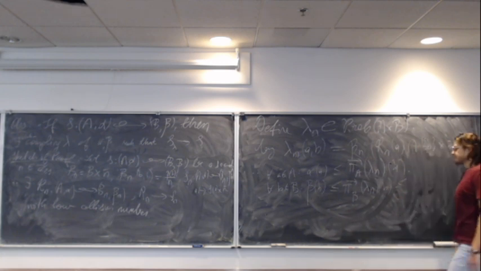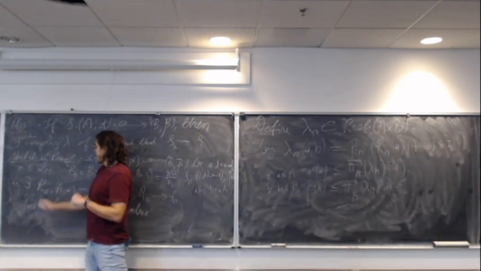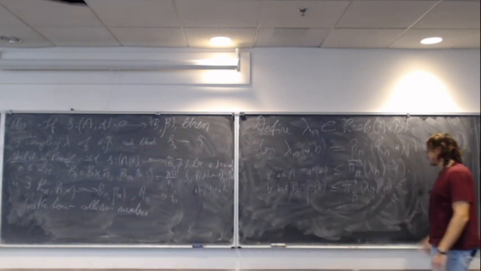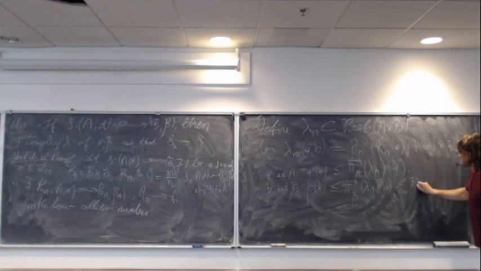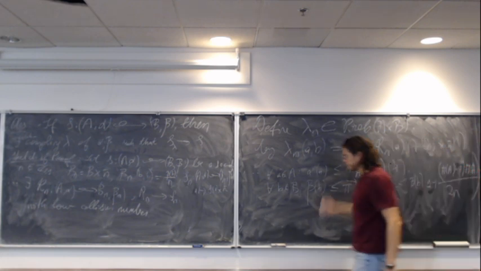But also, because of this refinement having nice collision numbers, reduced collision numbers, I also have an upper bound here. And I can make it such that I have this bound. So this is a sequence of probabilities.